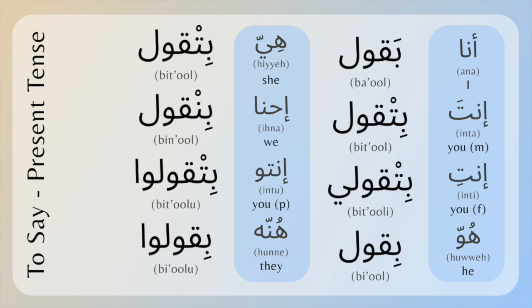We say بنقول. You say plural form بتقولوا. They say بيقولوا. And that's how you conjugate the verb el in the present tense.